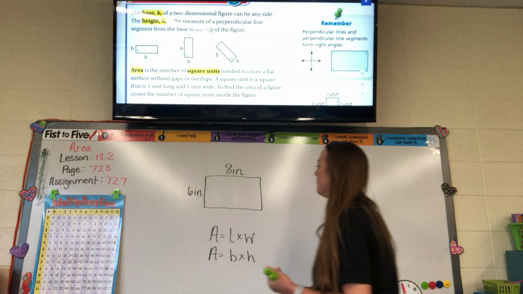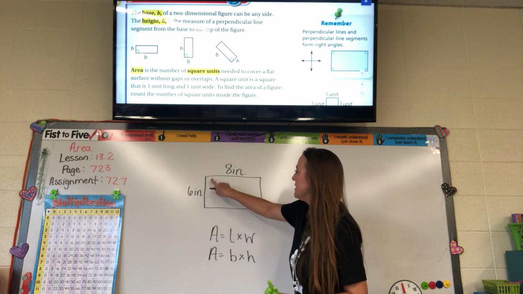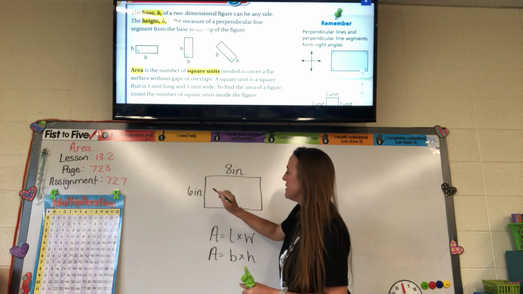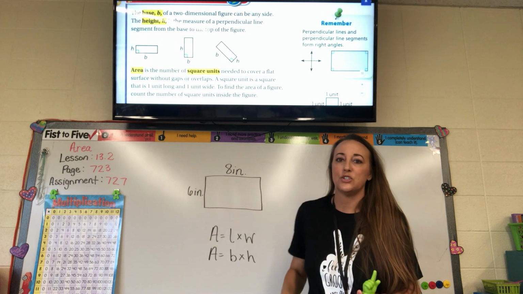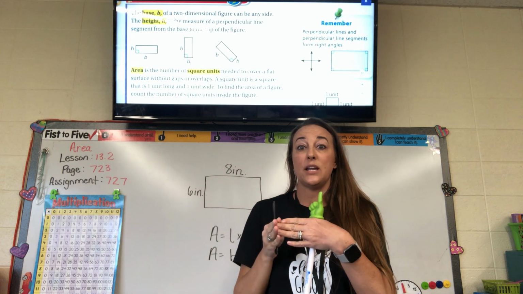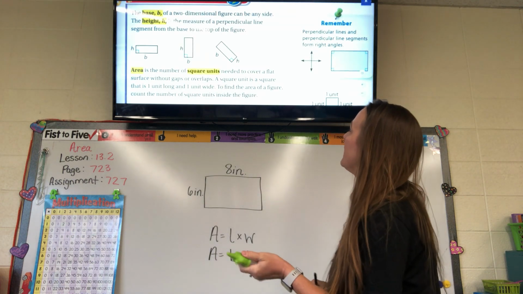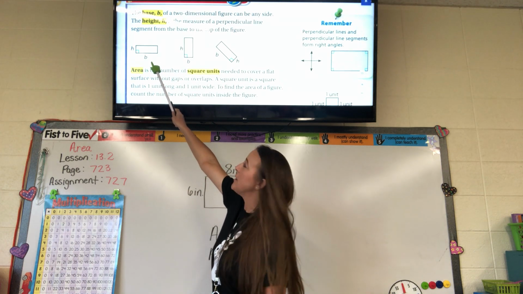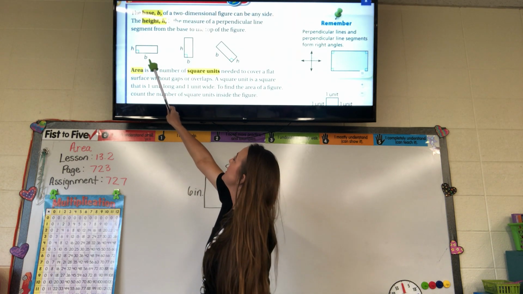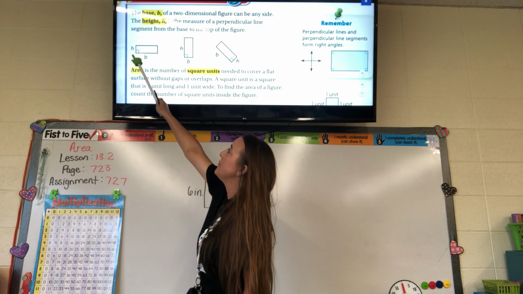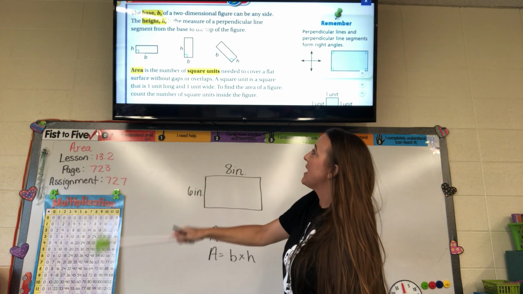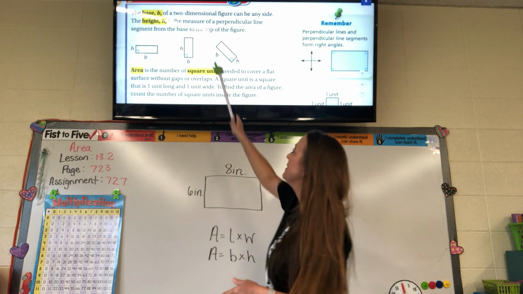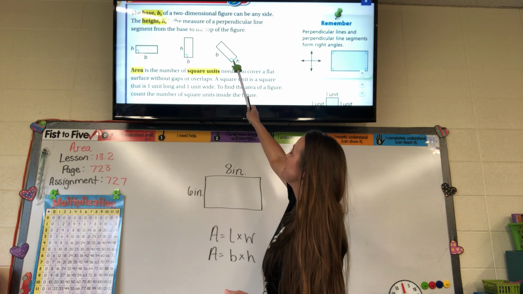So, for example, we could use this line as the base and this line is the height because they are perpendicular to each other. In other words, they have to be touching to be a base and a height. They've given us some examples here. For this first rectangle, you could use the base on the bottom and the height on the side. Same with this one. Here, since it's kind of tilted, they just picked this one as the base and this one as the height.